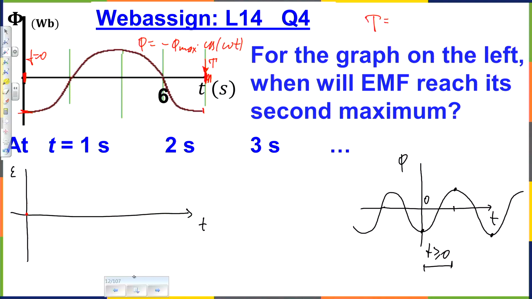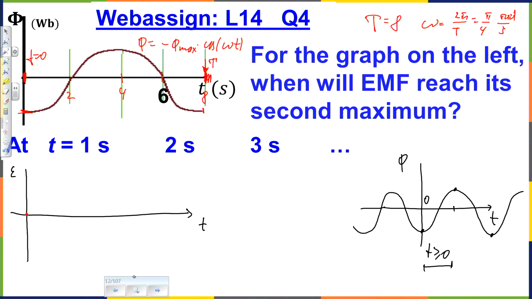So a quarter, a half, 3/4. So that's supposed to be 2, 4, 6, 8. Omega will be 2 pi over T, or pi over 4 radians per second, if we need it.